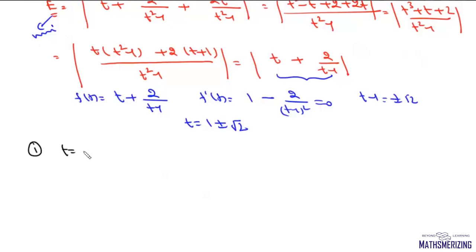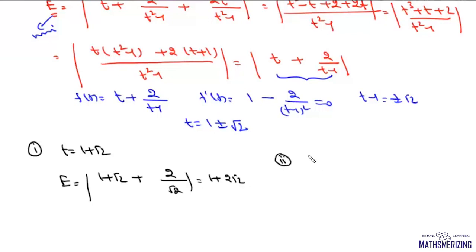Case 1, when the value of t is 1 plus root 2. In that case, E will be t, which is 1 plus root 2, and 2 upon root 2, which is 1 plus 2 root 2. And we'll take the second case when t is 1 minus root 2.